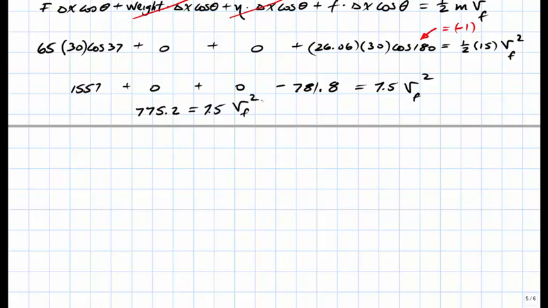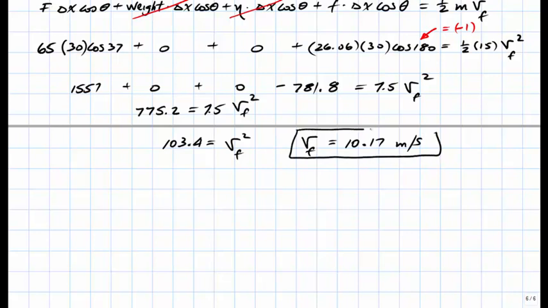We'll divide both sides by 7.5. That yields 103.4. And finally, we're going to take the square root of both sides, and obtain 10.17 meters per second for the final velocity of the block.